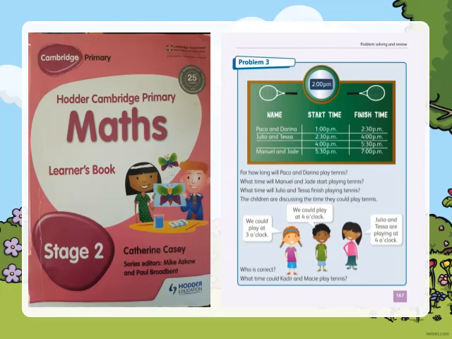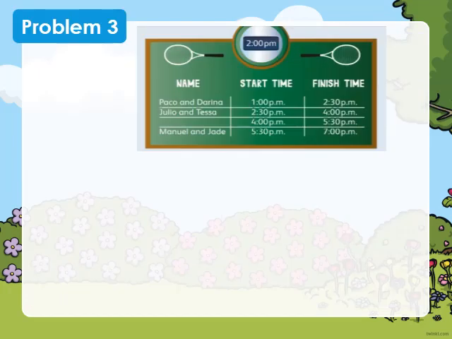Ready? Let's start. Problem 3. Look at this. This is the tennis timetable. We have this timetable for tennis: name, start time, finish time. We have Paco and Darina. They start playing tennis at 1 o'clock and will finish at 2:30. We have Jolio and Tessa.